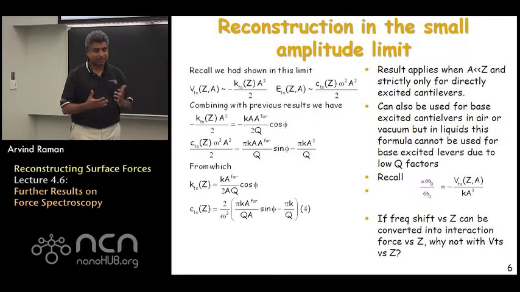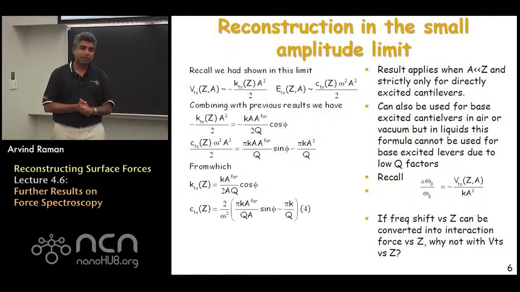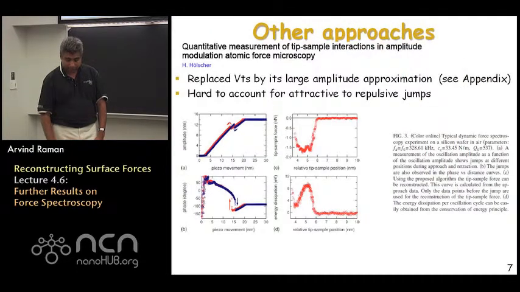This has been the underlying goal of a group of researchers who have been trying to push the concept of force spectroscopy within the realm of amplitude modulated AFM. And the first attempt at doing so within the theoretical context that I've talked about was by Henry Kulcher's group.